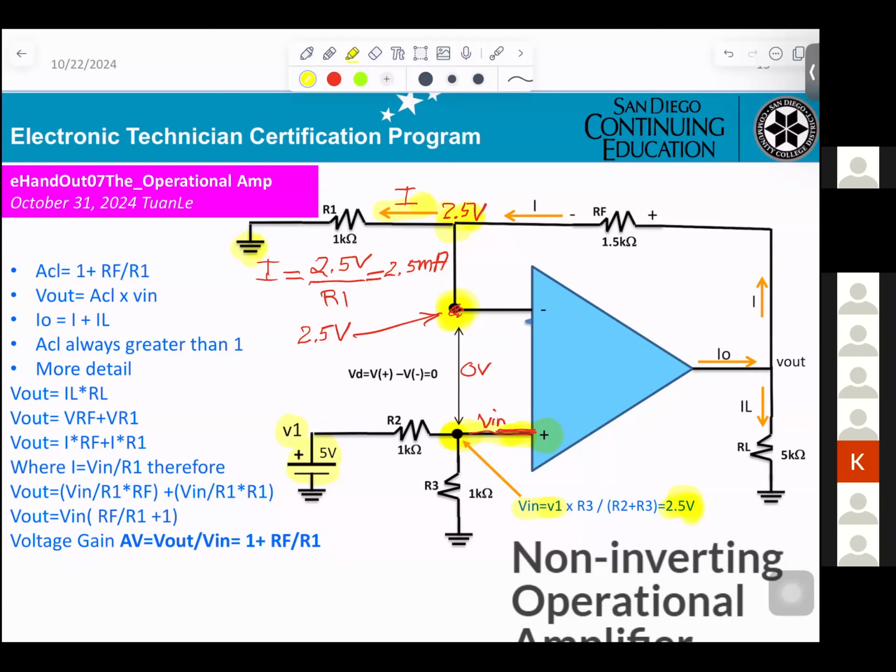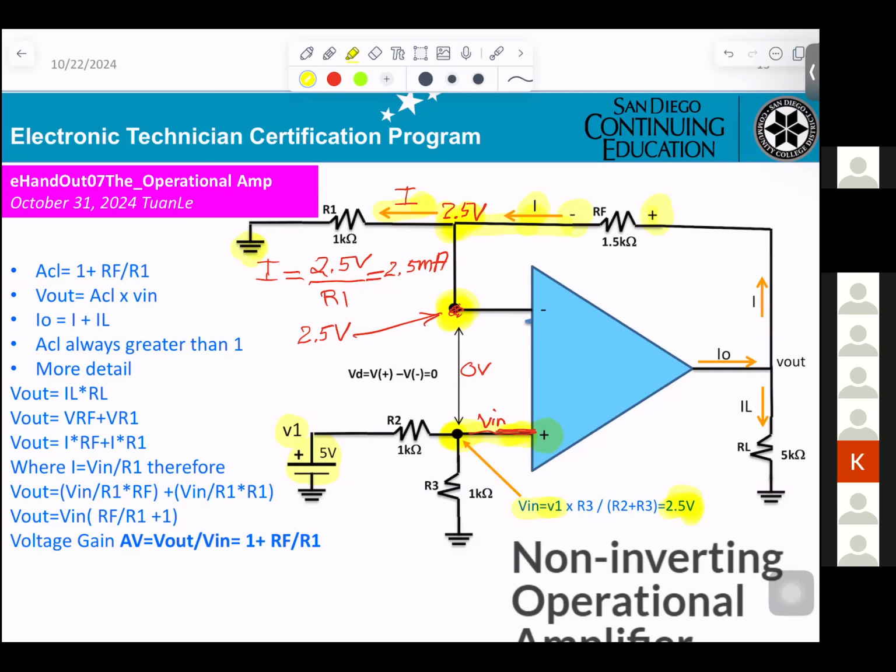However, this current I here is basically coming from here. This current comes from the output of the op amp. So the current flows from the output of the op amp to this point 2.5 on here. They're telling you you get a positive here, and the other side must be negative.